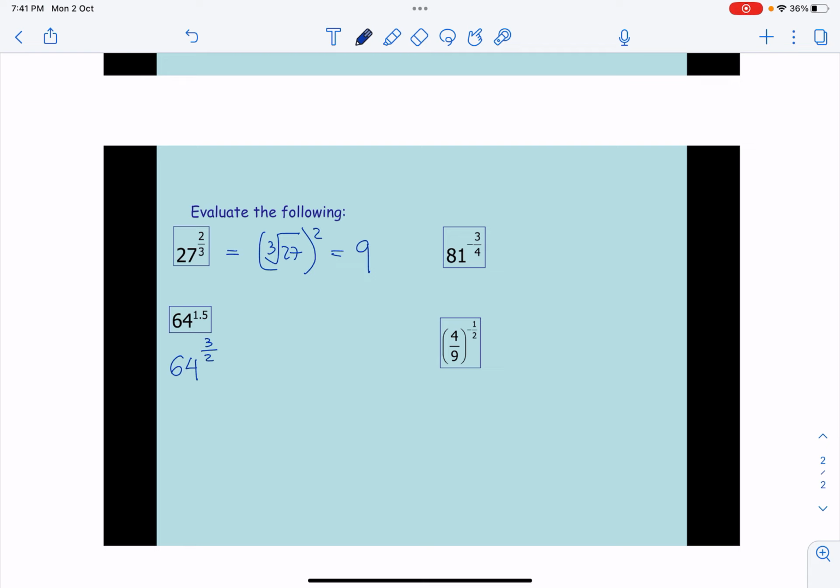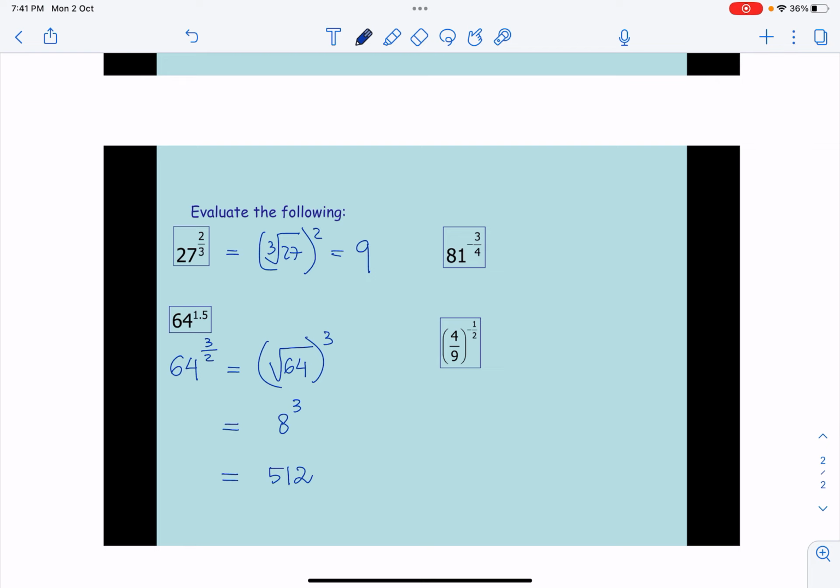We can write it as a fraction. And now we know denominator 2, so meaning square root of 64. And then we do power 3 on that. So square root of 64 is 8, and then 8 power 3. So 8 times 8 times 8 again, so that will be 512.